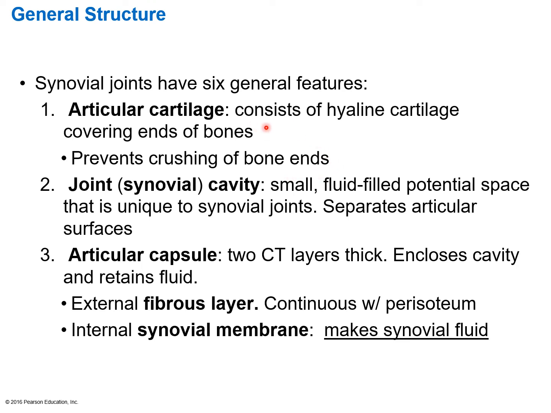It provides a smooth surface. And over time with age, this articular cartilage does sort of wear away. This is one reason that people in later ages can experience some pain in their synovial joints. It's simply due to wear and tear, a wearing away of this articular cartilage.